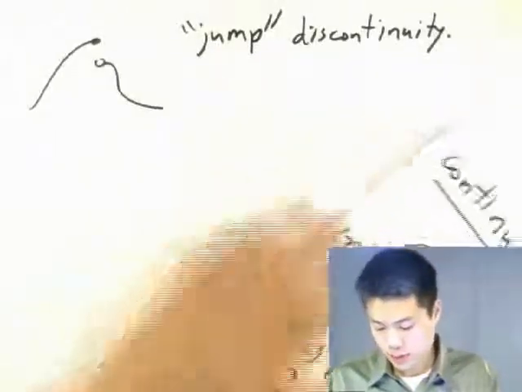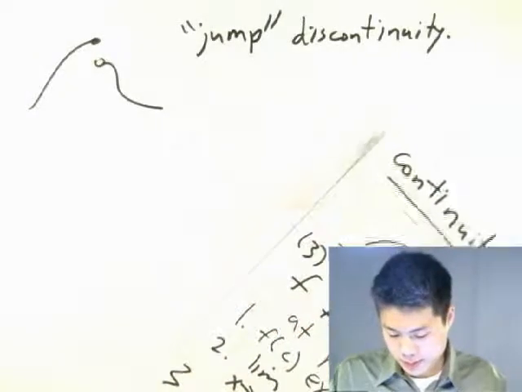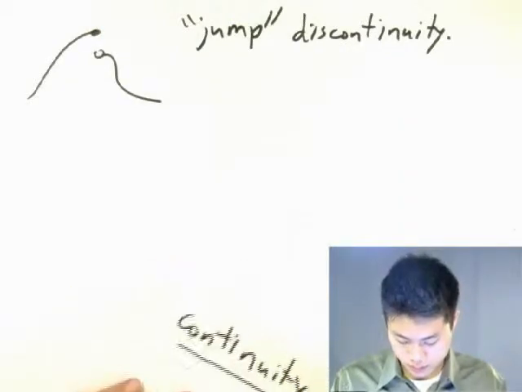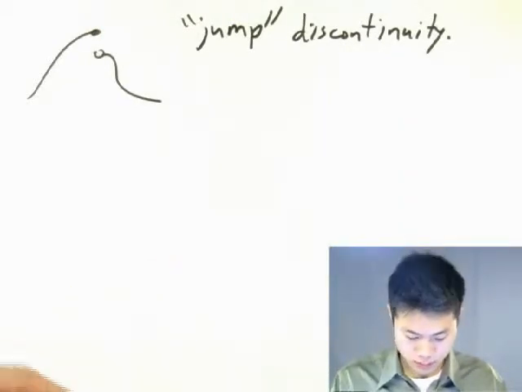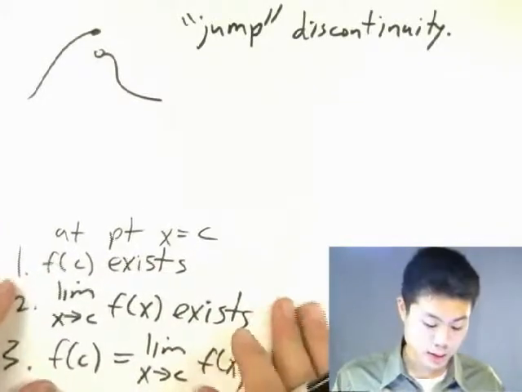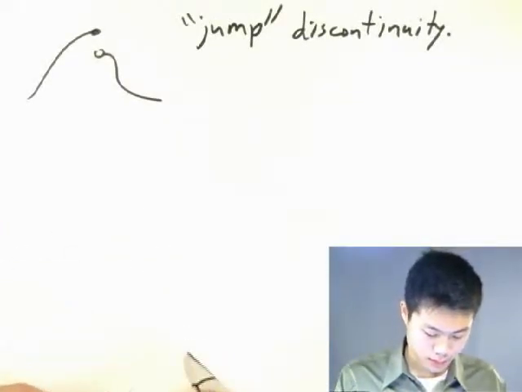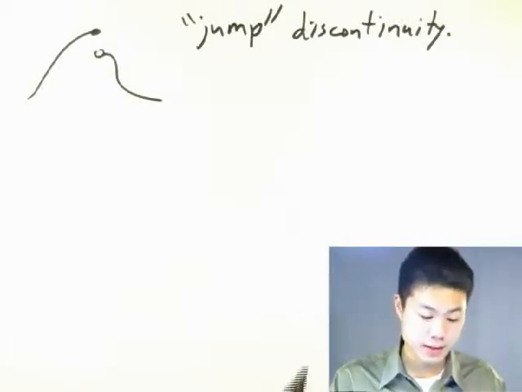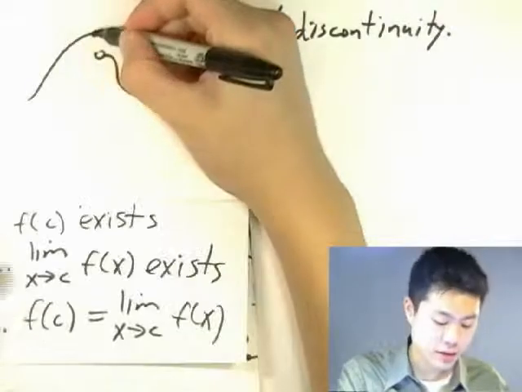Let me show this here. So does f of c exist? Yes, it does, because it exists right there.